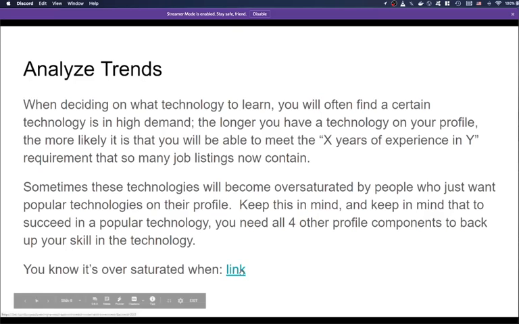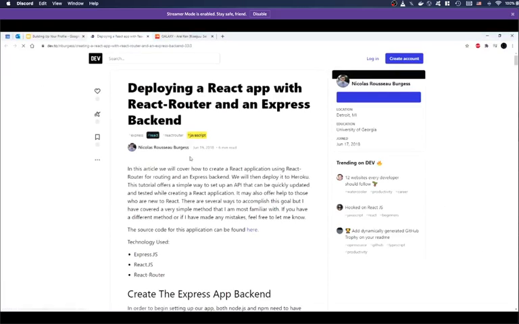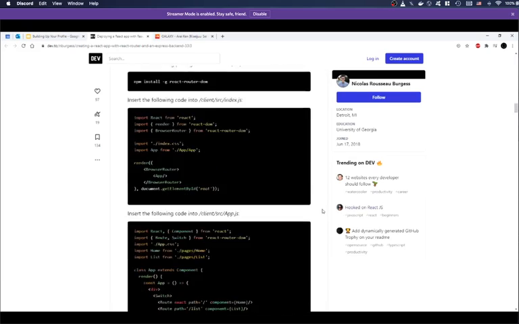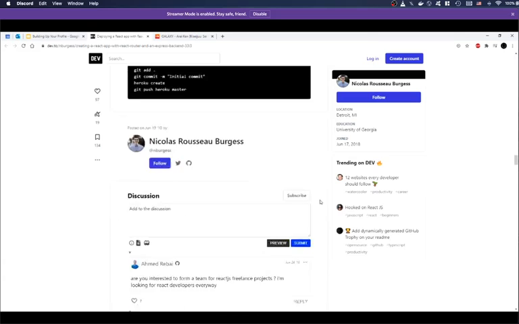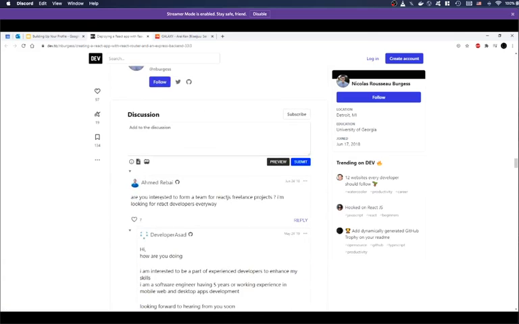Now, I thought this was absolutely hilarious. I was looking at a React.js thing the other day, and it was about deploying a React app with Express as the backend. I scroll down to the comments, and I see one man says, "I am interested in forming a team for React.js freelance projects.